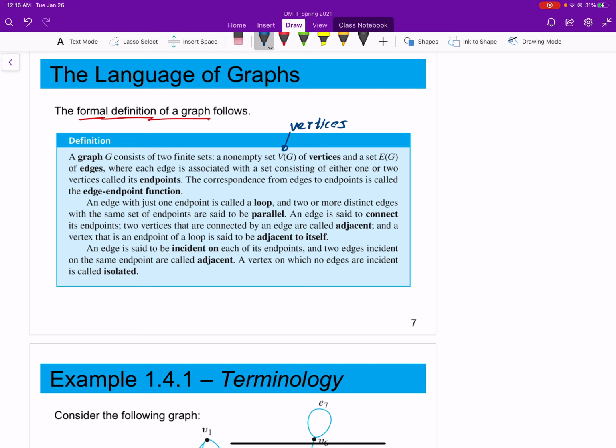Okay, non-empty set V of vertices and a set E of G. This is for edges. All right. Let me underline these two words. Where each edge is associated with a set consisting of either one or two vertices called endpoints. All right. So there are endpoints.